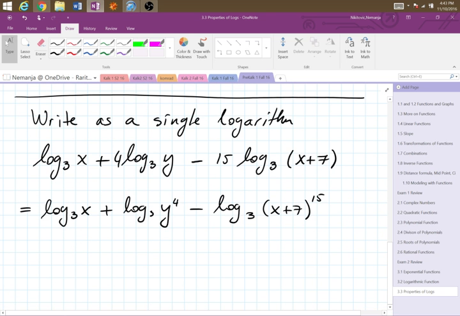So now, to condense it into a single log, we have a division line because there is a minus somewhere. The first number is x, the second one is y to the 4th, and now the bottom is x plus 7 to the 15.